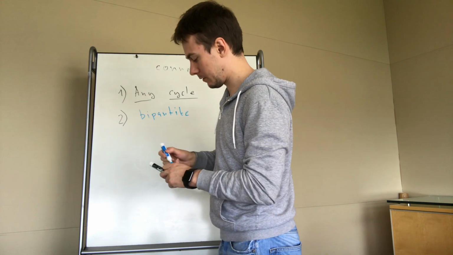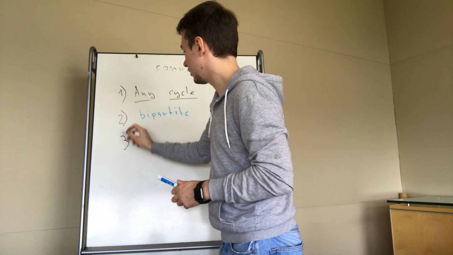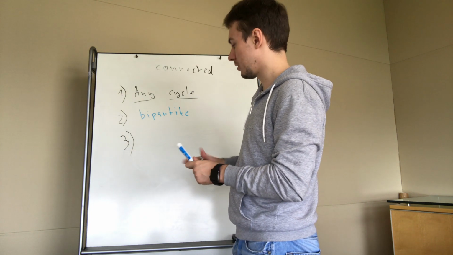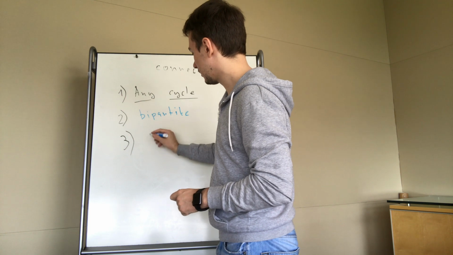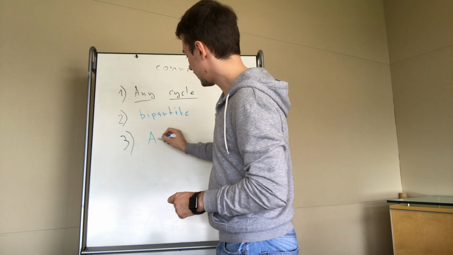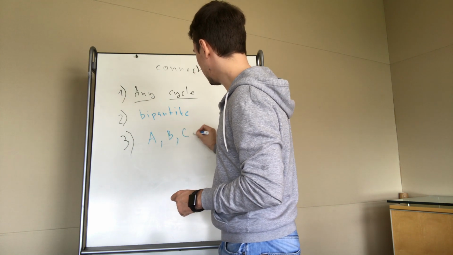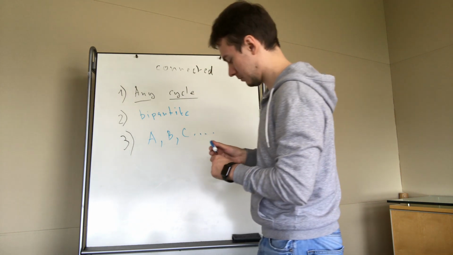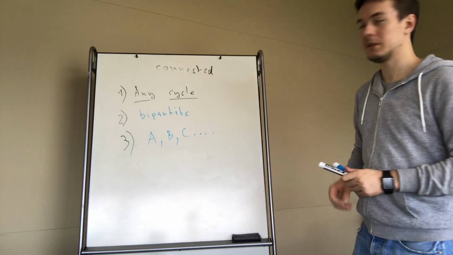And the third thing we need to do is to check recursively if all the subgraphs A, B, C, and so on are planar. That's it.